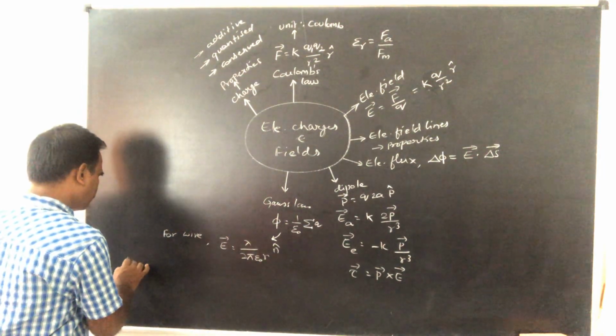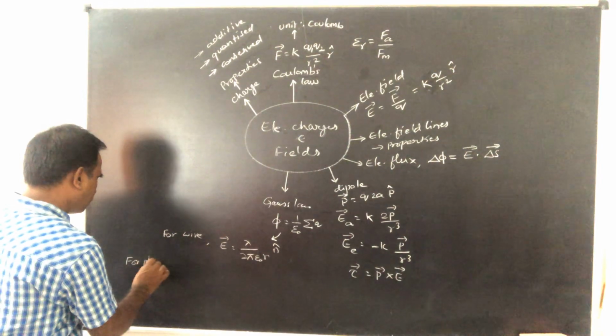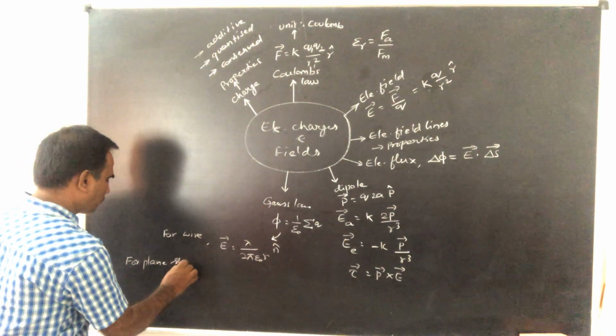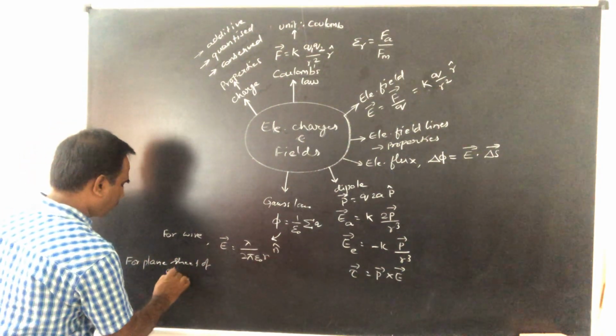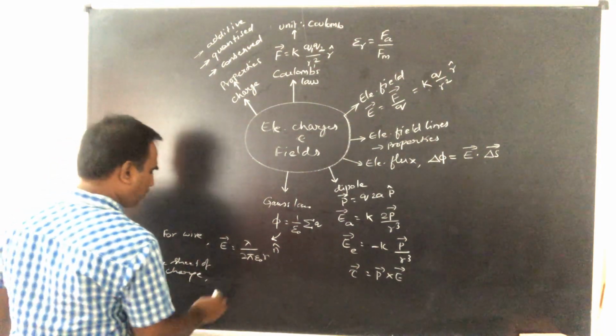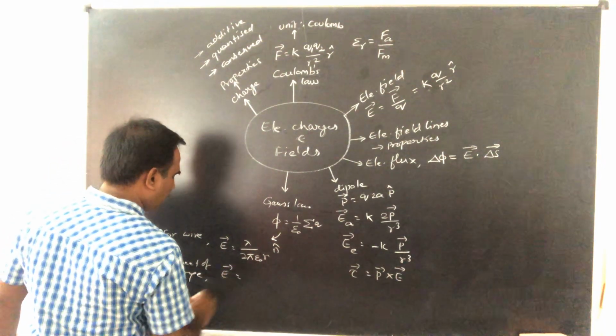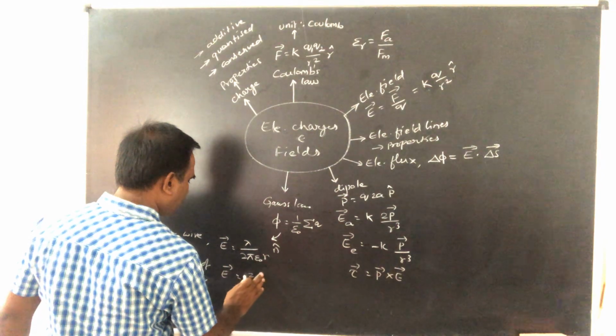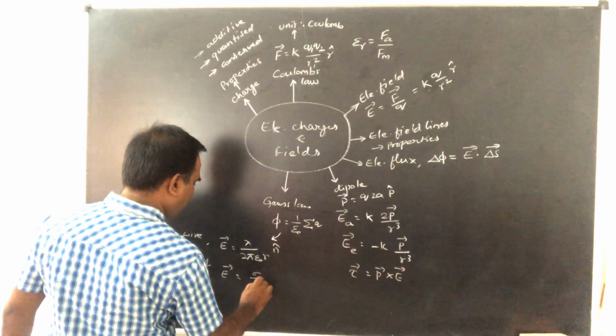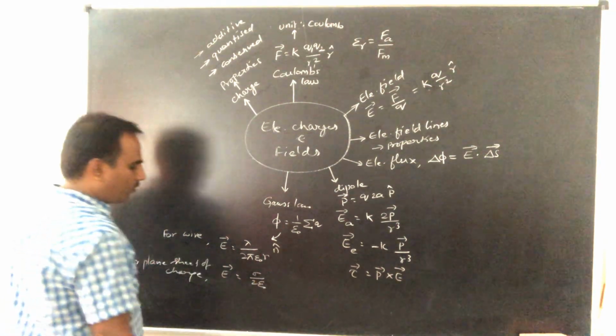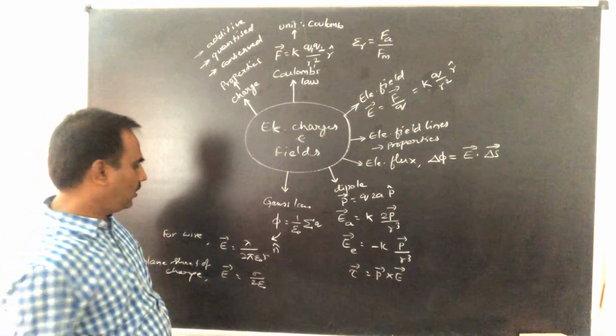For plane sheet of charge, this electric field is given by sigma divided by 2 epsilon naught n cap.